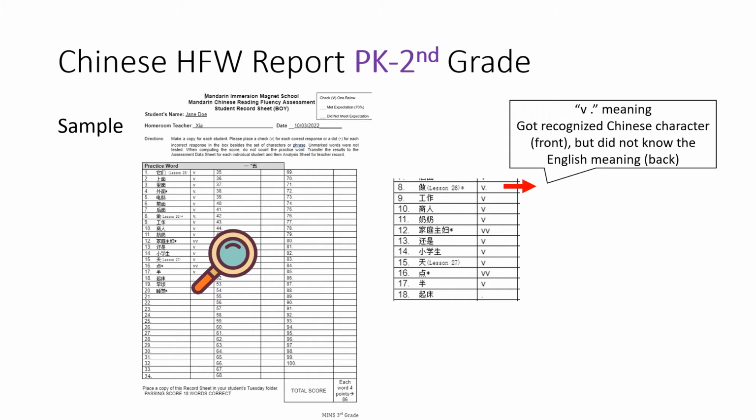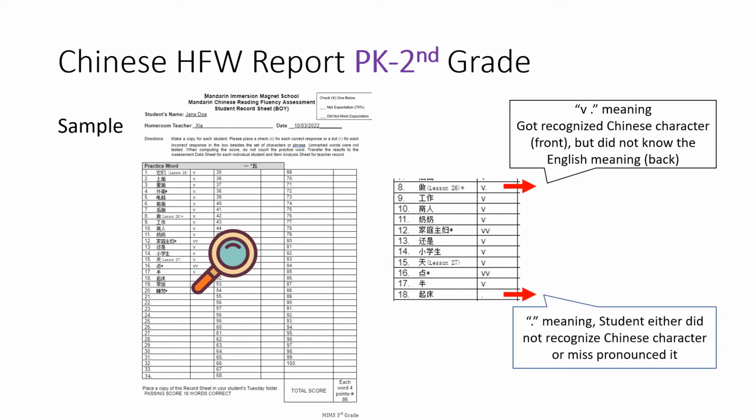Students are required to recognize the Chinese character and pronounce it correctly, as well as tell the teacher the English meaning of this character or phrase. If there's only one dot or one check, the requirement is only to recognize or pronounce the Chinese character.